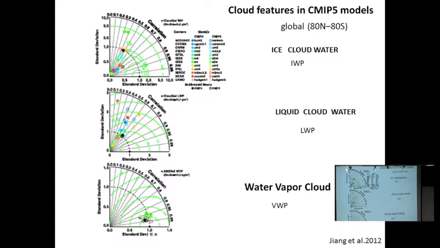So, for example, let's say this point here. This point has a correlation of 0.6, and the standard deviation is less than the observed standard deviation, which is on this line, and it has an error that is between these two lines here.